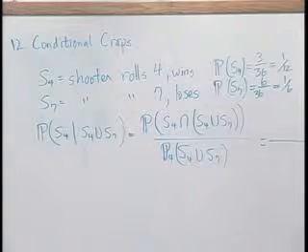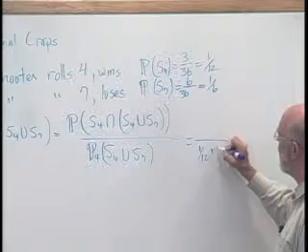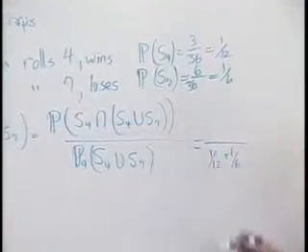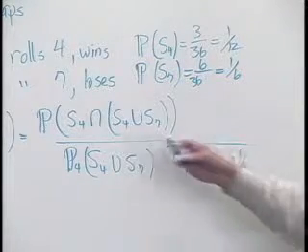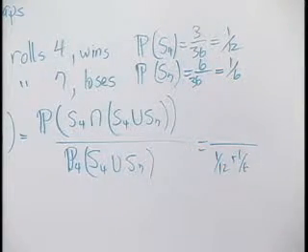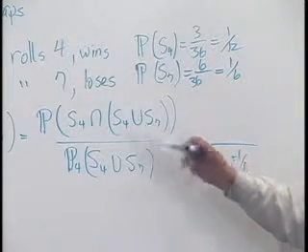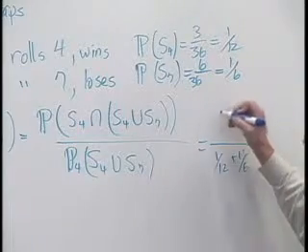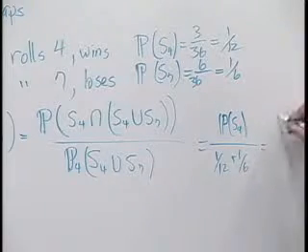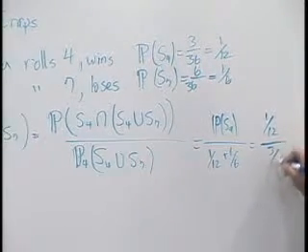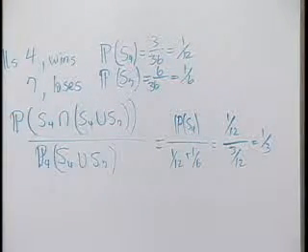A 4 and a 7 are, of course, disjoint events. Here we have 1/12 plus 1/6. And this looks complicated, but it's really as simple as can be. If you have S4, intersecting it with the union of S4 and S7 doesn't make a bit of difference. This is just the probability of S4. So we now have 1/12 over 3/12, or 1/3, which is the same answer you get in every other way.